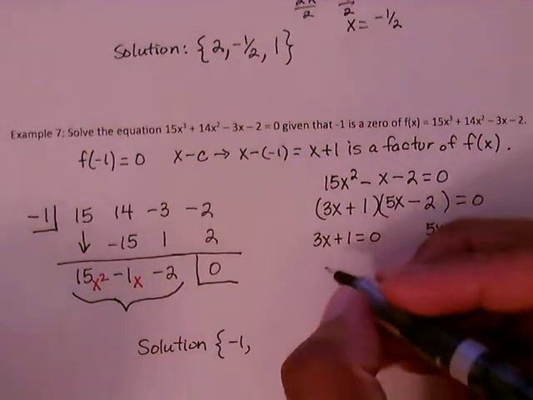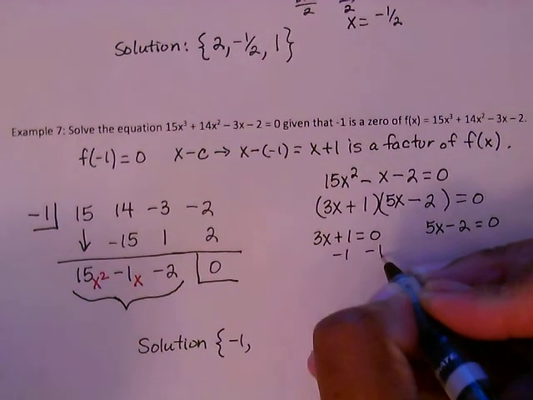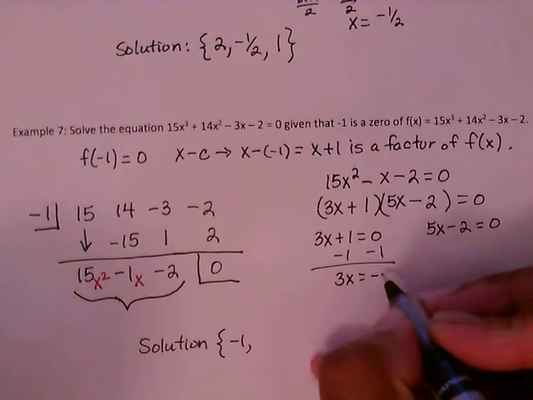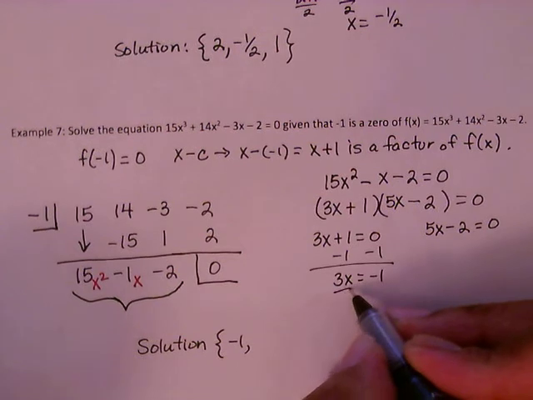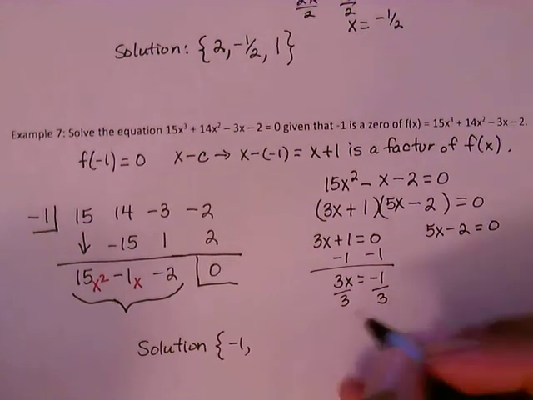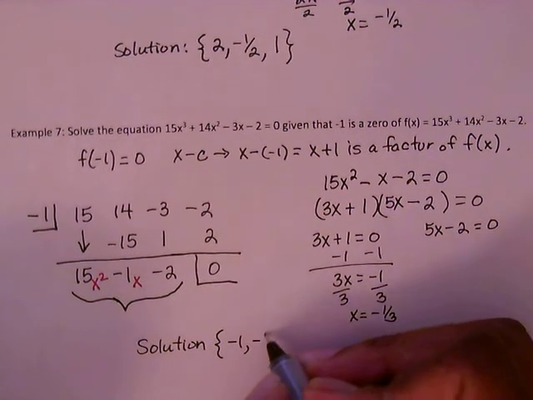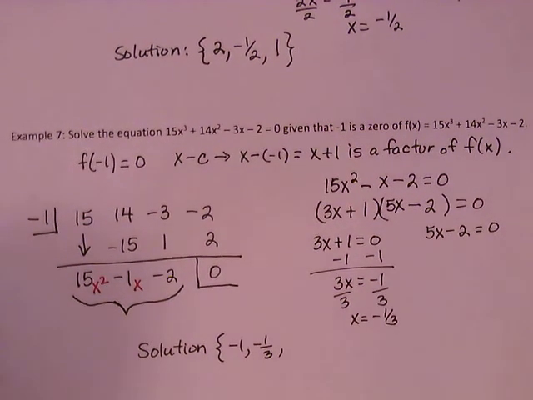So for the 3x plus 1 equal to 0, if I subtract 1, I'm going to get 3x is equal to -1. Then divide both sides by 3. x will be equal to -1/3. So I know another solution is -1/3.